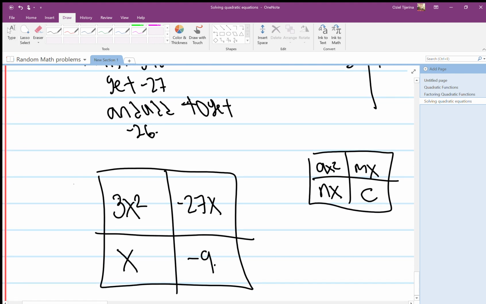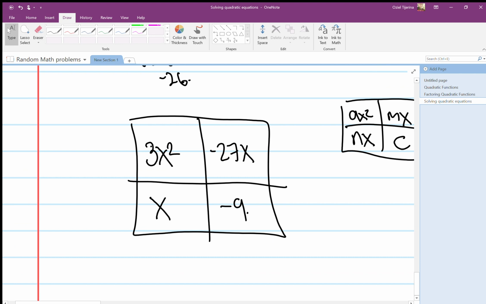Okay. So now, what you want to do is ask yourself, you basically need a number that can be multiplied by to get x and 3x squared, okay? Because you don't want to mess up your values. What I would do is put 3x here and x over here.